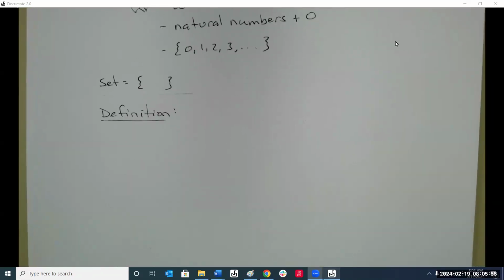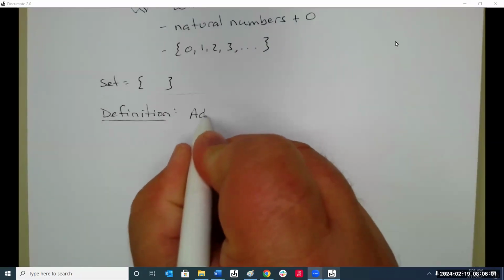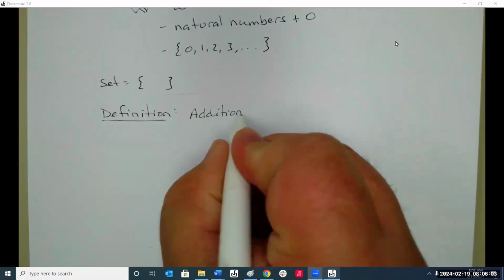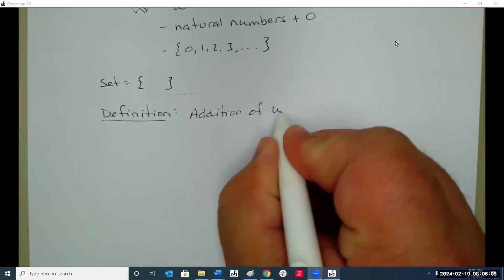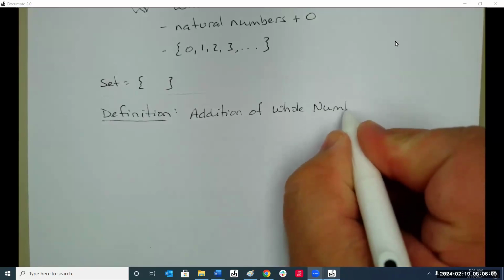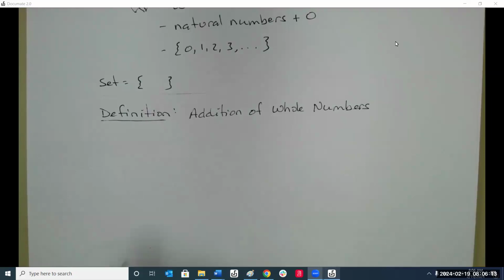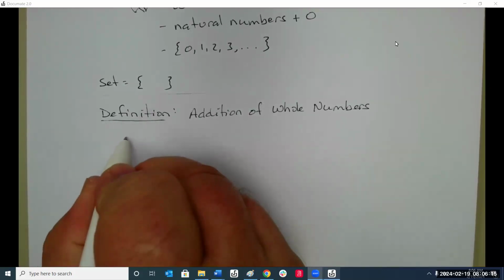Let's define addition of whole numbers. Okay, so we have two sets.